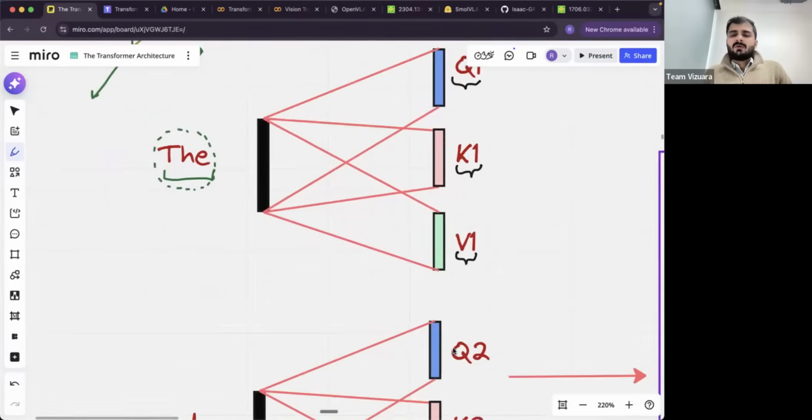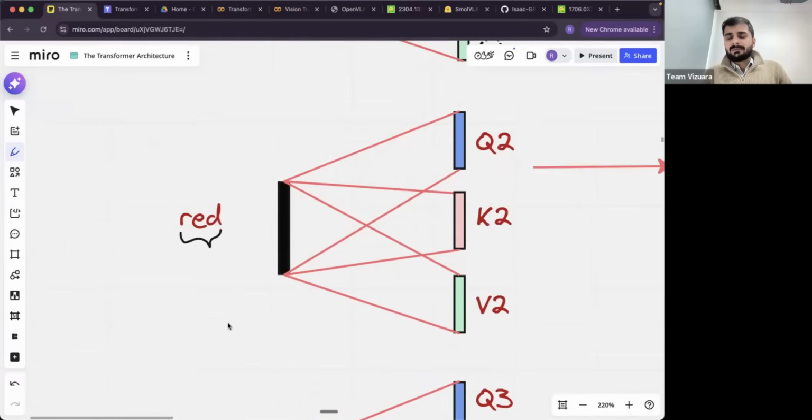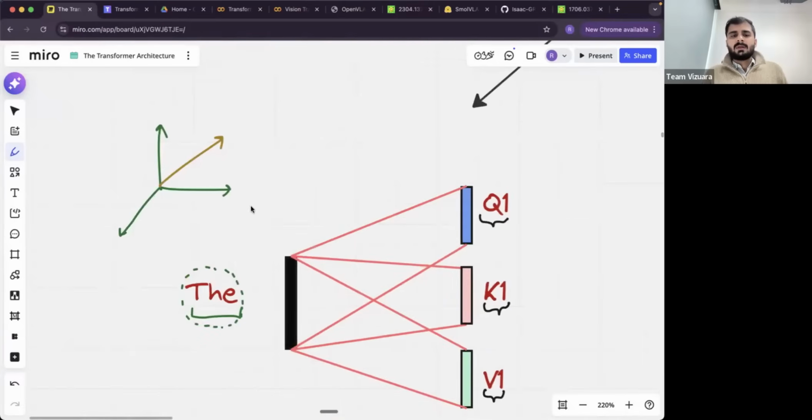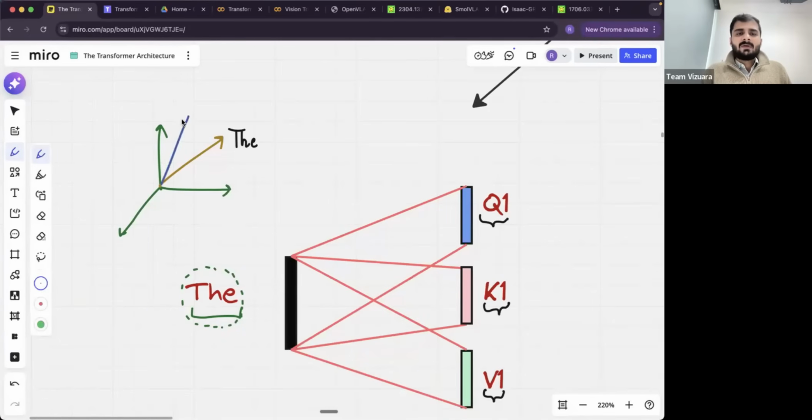And similarly, we do the same for the token "red" and the token "car". So essentially, the vector, we further bifurcate it into three vectors. This is the query vector.